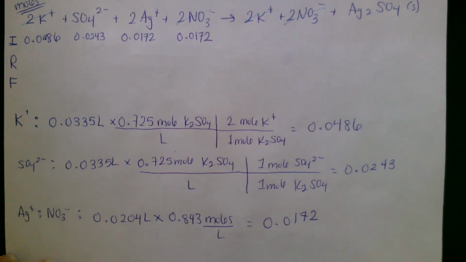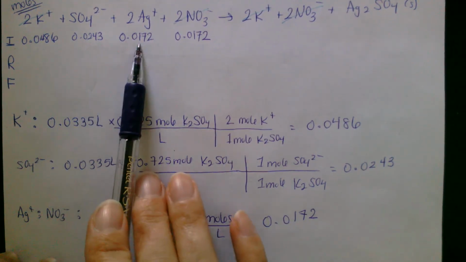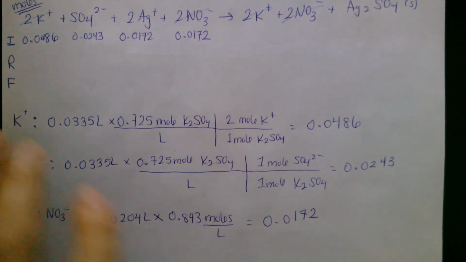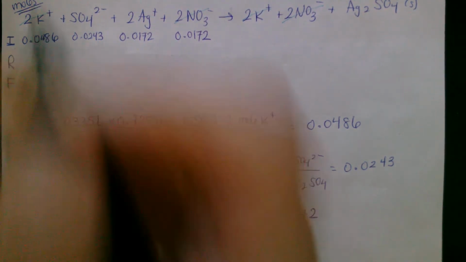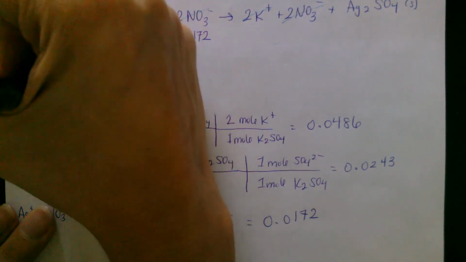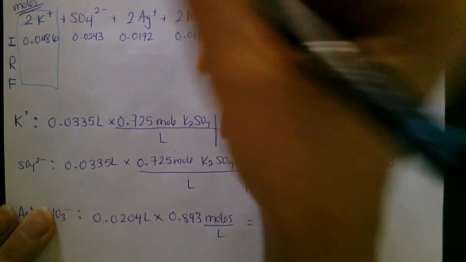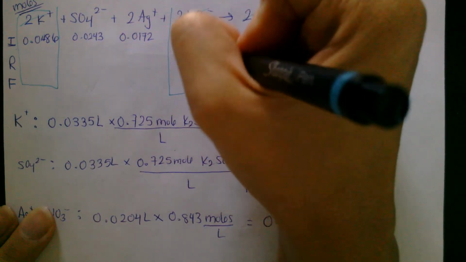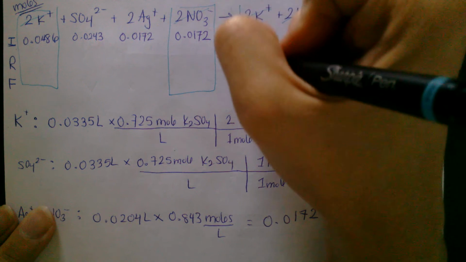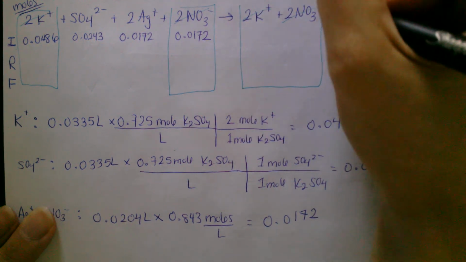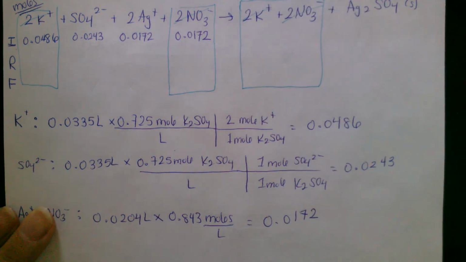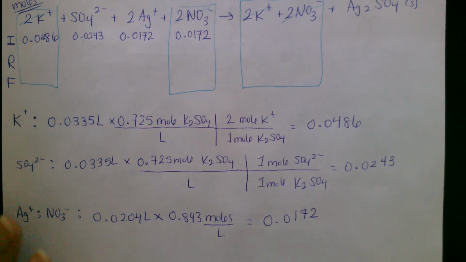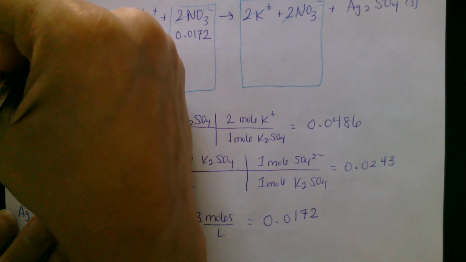So now we have our silver and we have our nitrate here. I said this was a spectator. They're the same on each side, so I make a box here. All of their values are the same. They don't change, so it's not involved in the reaction.